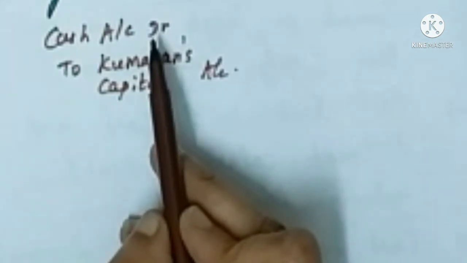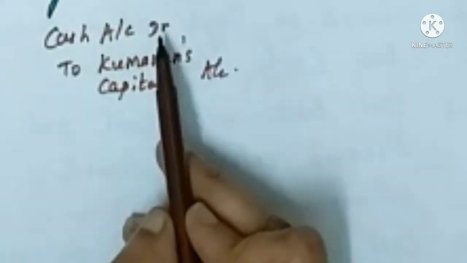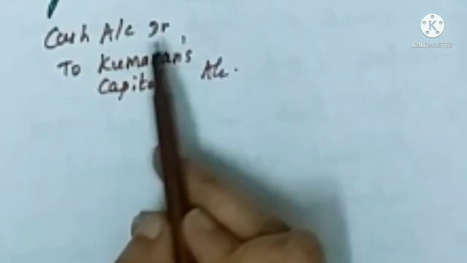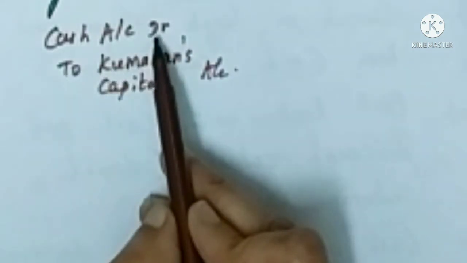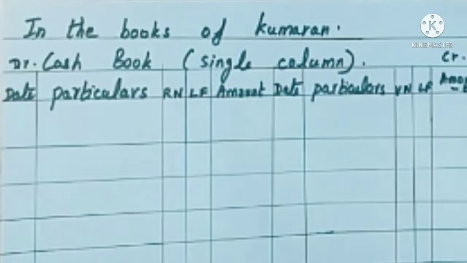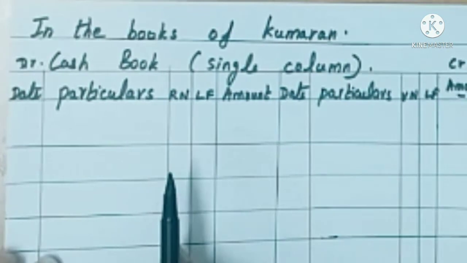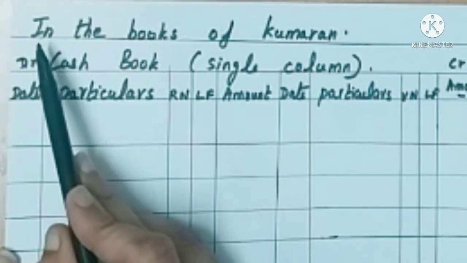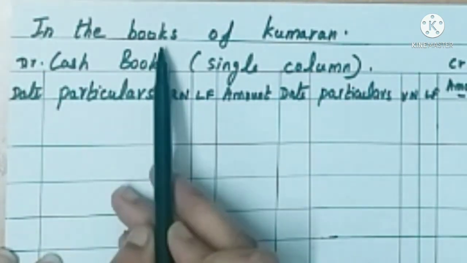If it is credited, we have to write it on the credit side. Simple. So, here cash account is debited. That's why I am going to write on the debit side of the cash book to Kumaran's capital account. Amount is rupees 50,000.